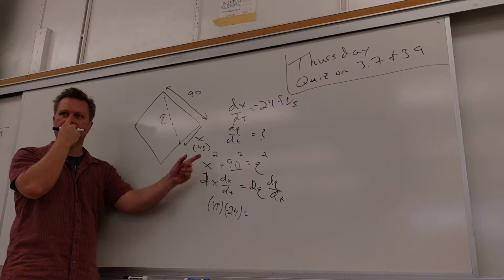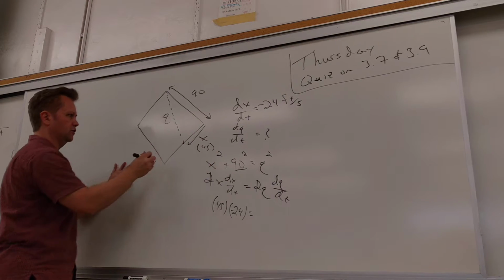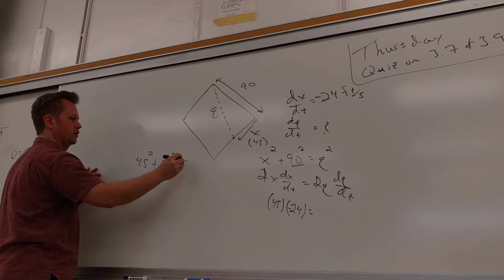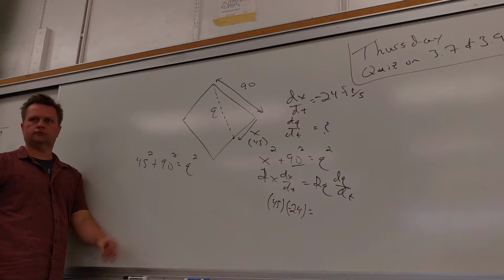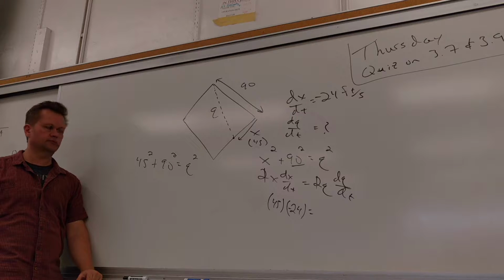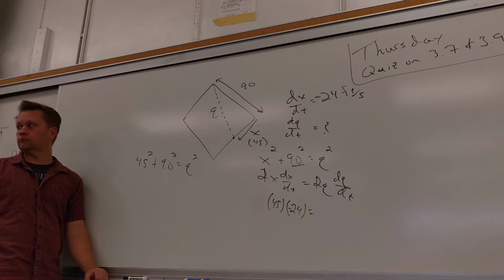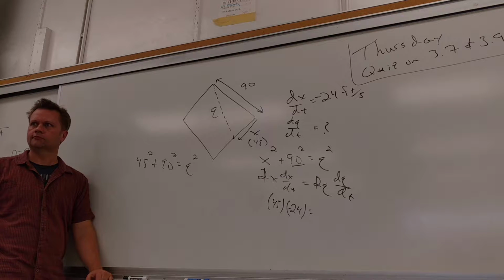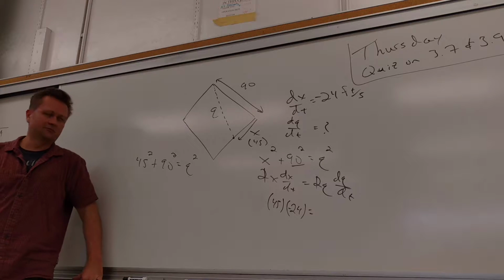Or will it be? So if I do 45 squared plus 90 squared equals q squared. I don't know what it is.